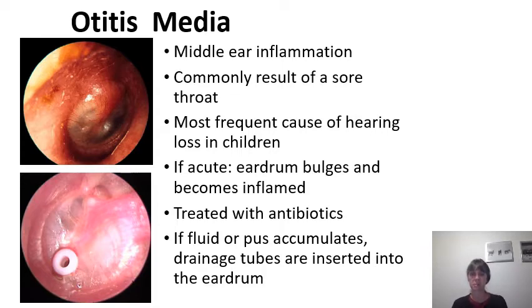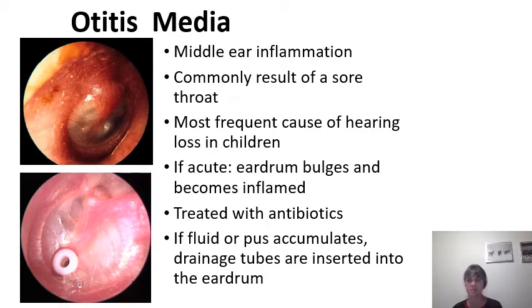This is actually one of the most frequent causes of hearing loss in children, and again, if it's acute, it will cause the tympanic membrane to bulge and become very red and angry in appearance. It's most commonly treated with antibiotics.